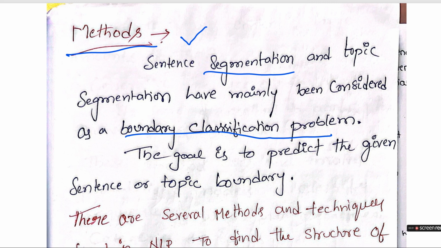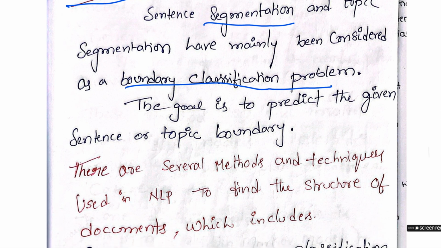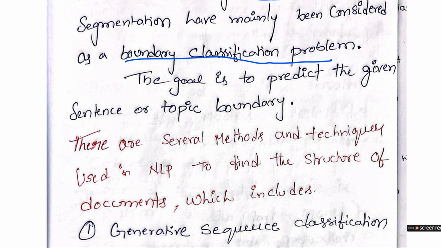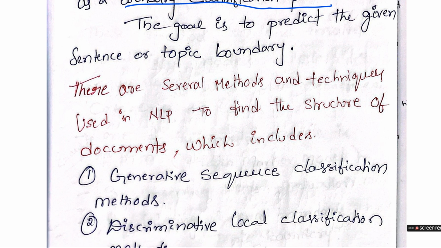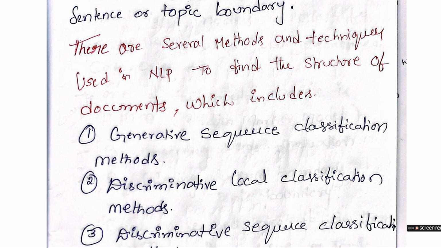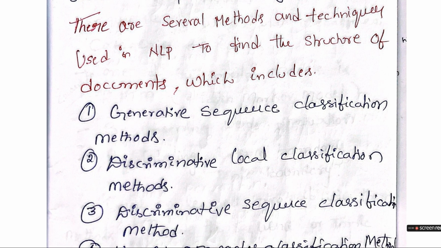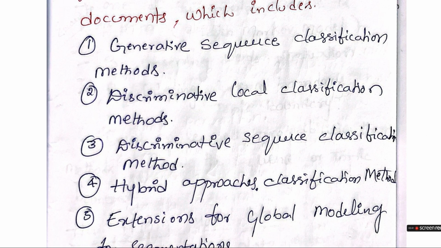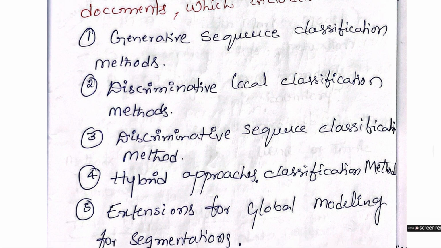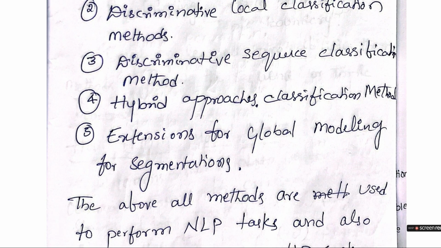So there are several methods and techniques we use in the NLP subject to find and analyze the structure of the documents. Among those number of methods and techniques, we chose five methods here, right? Before, I said generative sequence, discriminative local, discriminative sequence, hybrid approaches and extensions for global modeling segmentations.